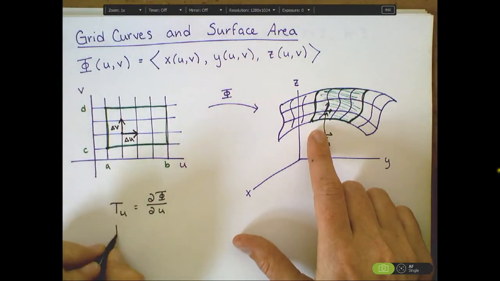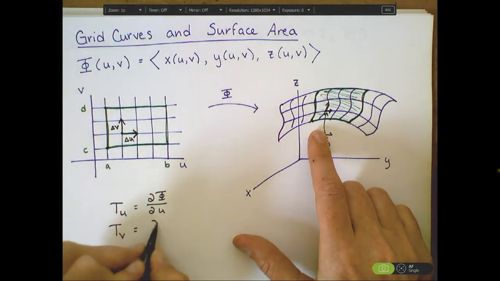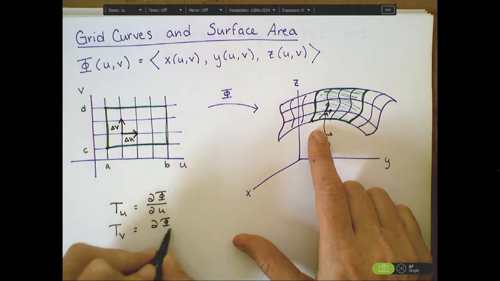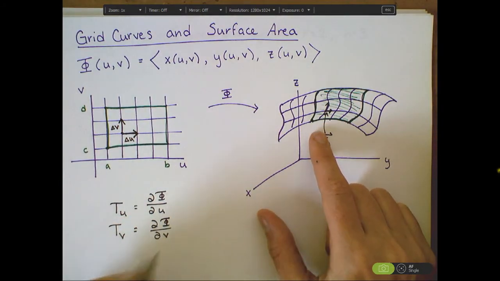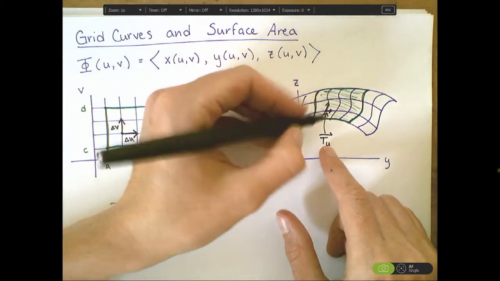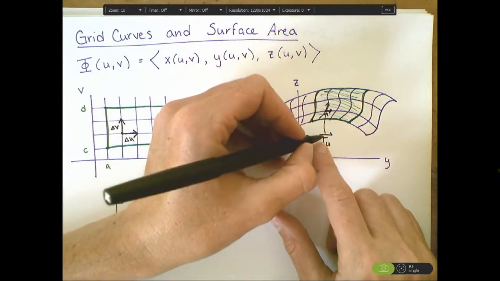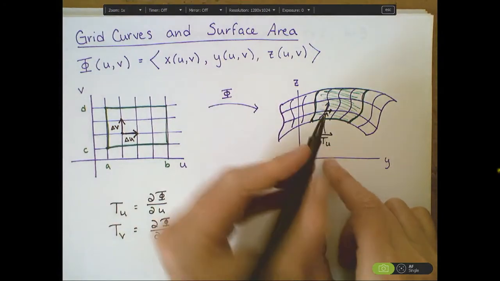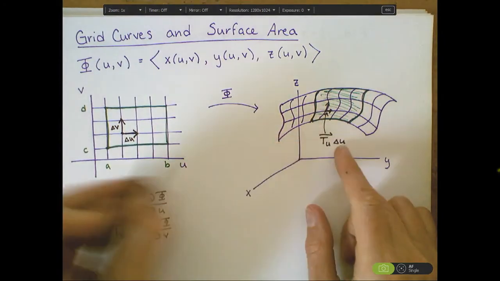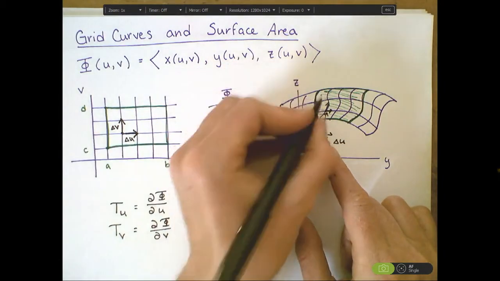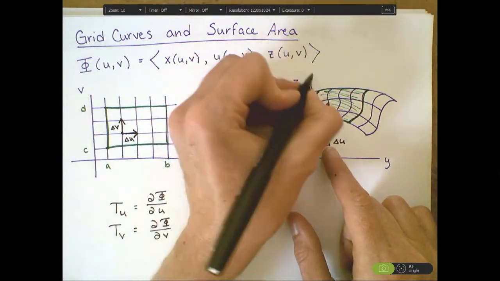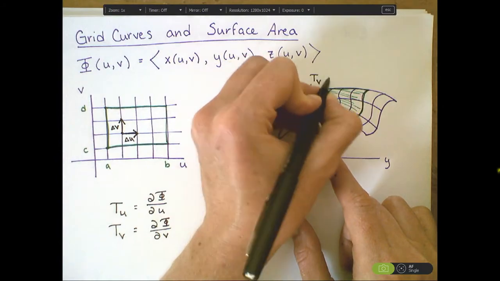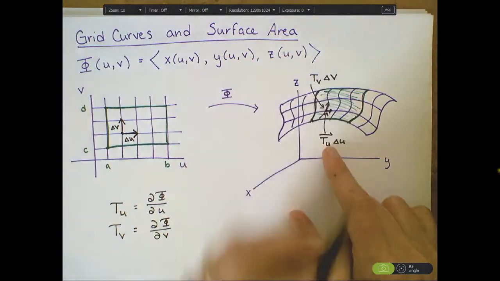My t sub v is going to be the partial derivative of my parameterization function with respect to v, holding u constant. And now the magnitude of this little vector over here is going to be its direction, which is the partial with respect to u, times my little change in u amount. Similarly, this vector over here is my partial with respect to v times my change in v.